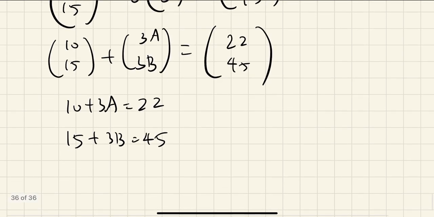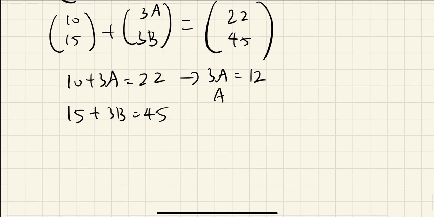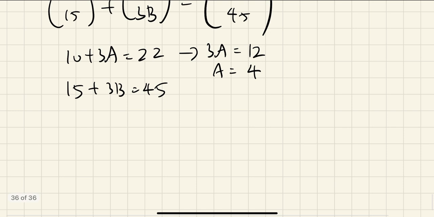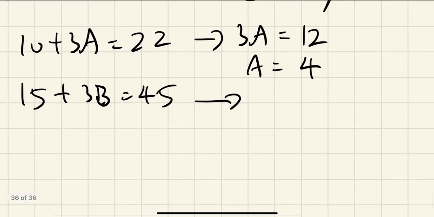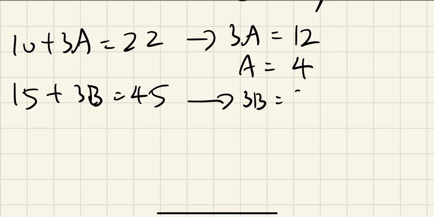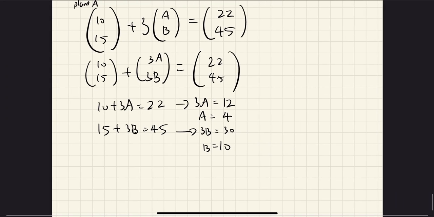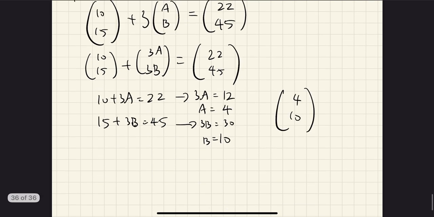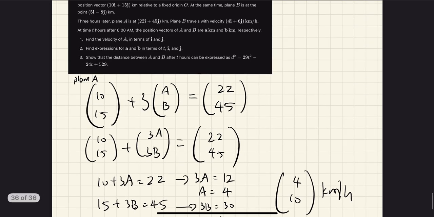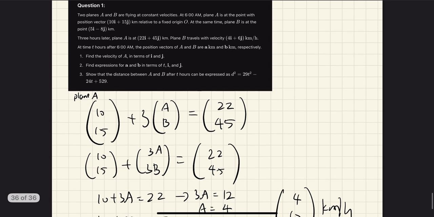So 3a equals 12, and a is 4. And 45 minus 15 is 30, so 3b equals 30, and b equals 10. So the velocity vector for plane A is 4, 10, in kilometers per hour.